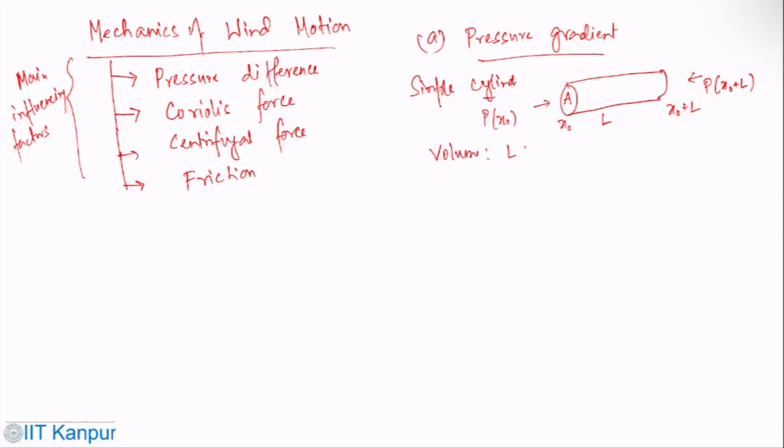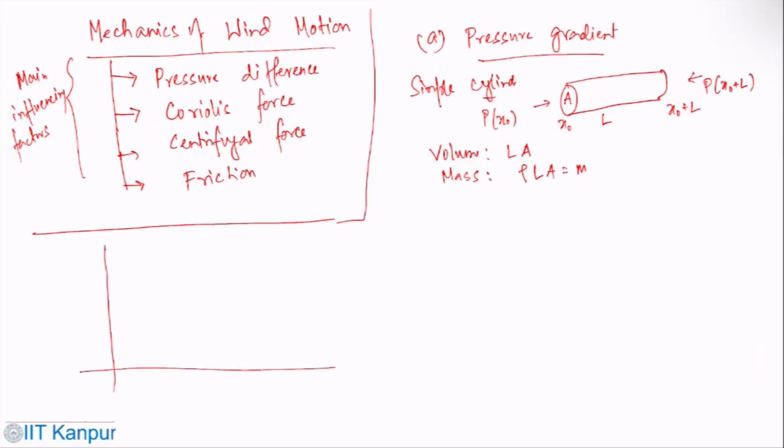So volume would be length into area, and obviously your mass is rho, length into area, which is m. So what is happening is that, if I plot pressure with length, then I have x naught, then x naught plus L. So I can have some variation, and it can go like that.